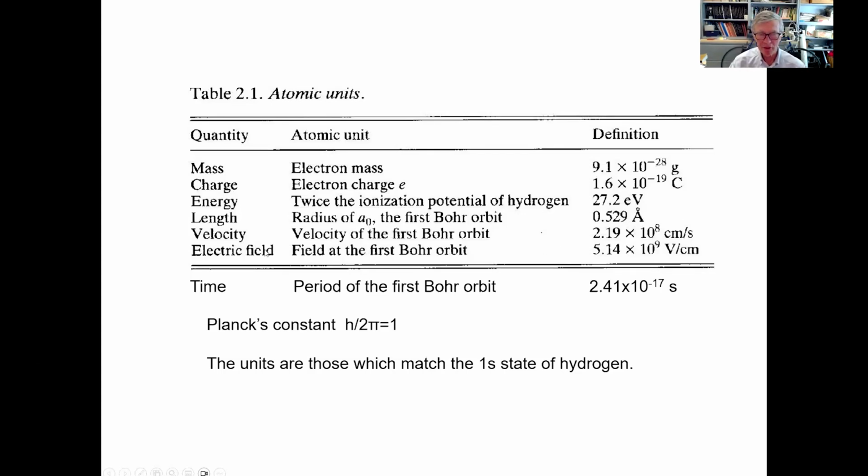And the unit of electric field is the field that the electron feels at that radius, which is 5 times 10 to the 9th volts per centimeter. And in atomic units, Planck's constant, h bar, is 1, which means that angular frequencies and energies are identical.